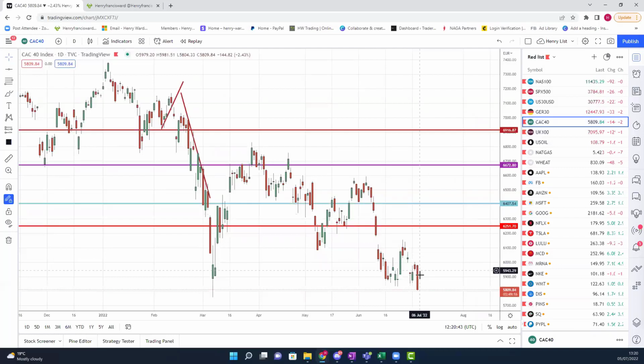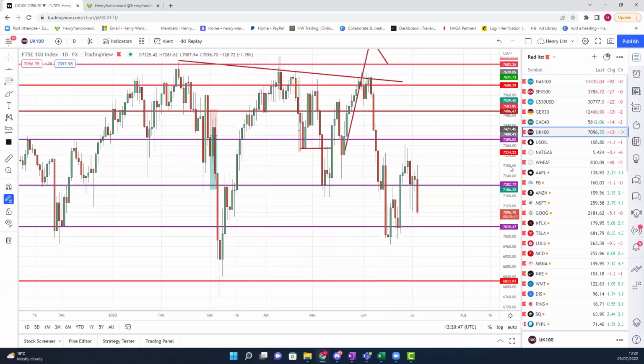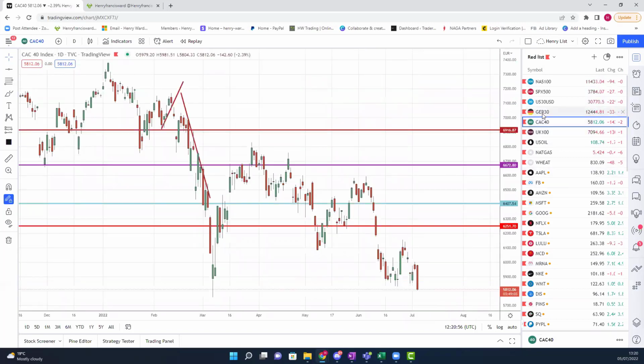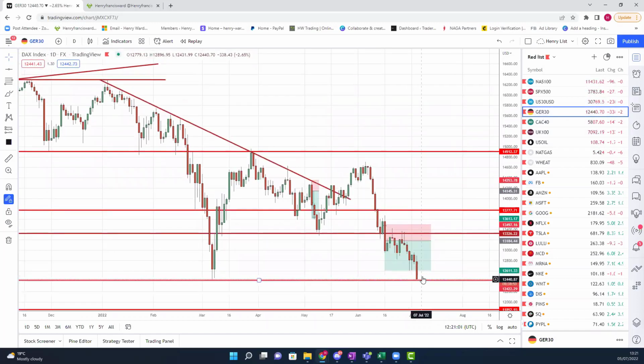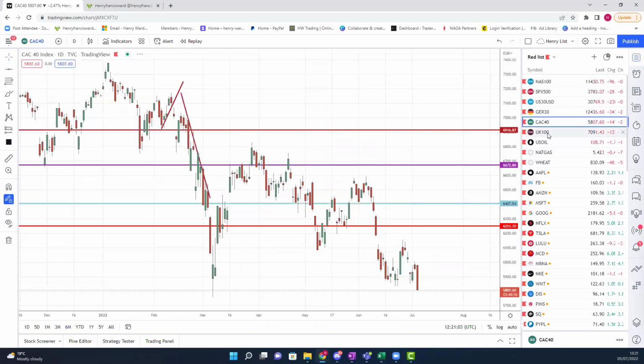We've seen the same bar on the CAC, and similarly we've seen it on the UK 100 as well. So I don't expect to see much of a difference by the end of the day with what we've seen across the other markets.